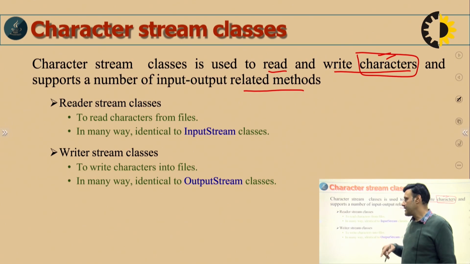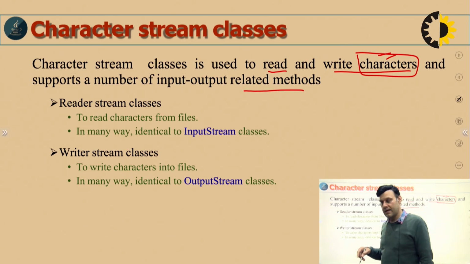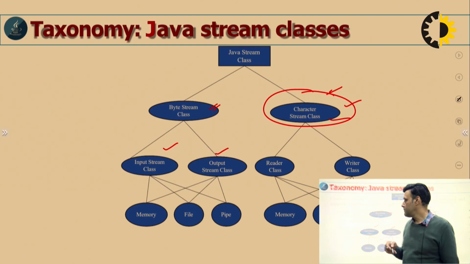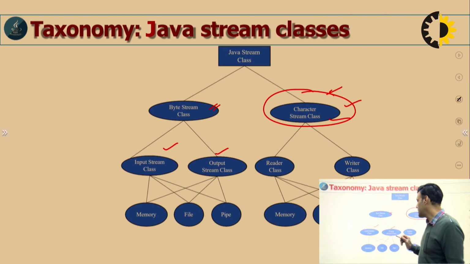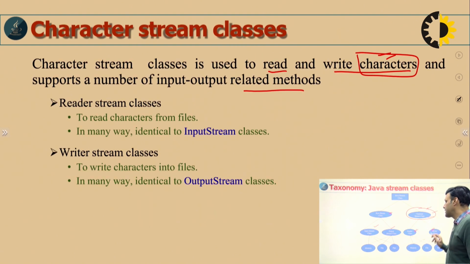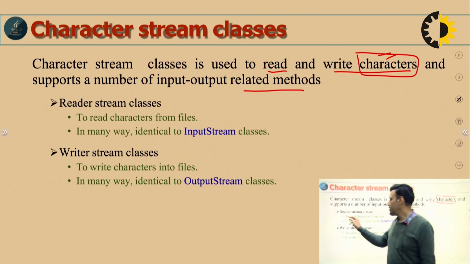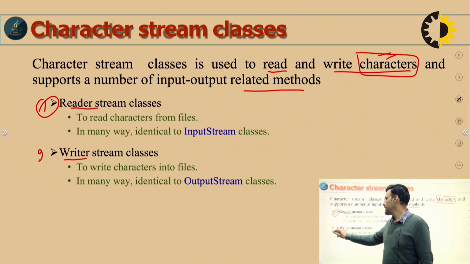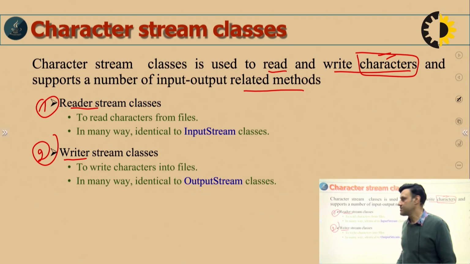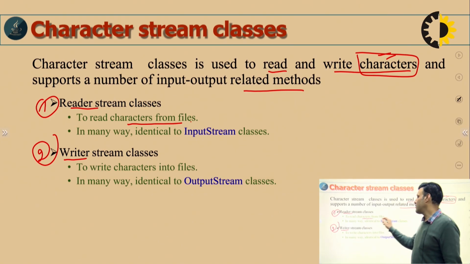Similarly, as for byte stream classes there are two subclasses, input stream and output stream, we have the reader class and writer class. Right. So the reader stream class and writer stream class, and the functions remain the same, to read characters from files.